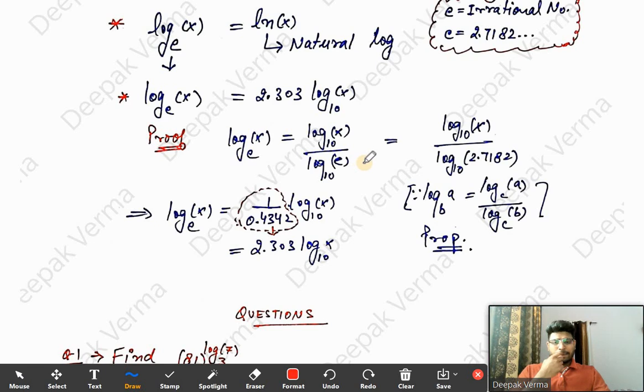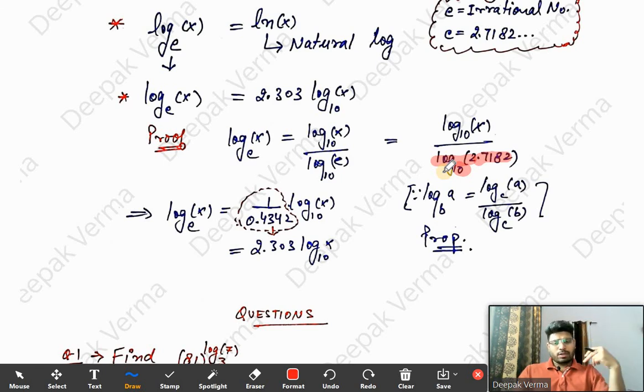Now we know the value of e. The value of e is 2.7182. Now we will find out the value of log 2.7182 using log table. Some students will be asking, how will we come to know the value of log 2.7182? For that you must know how to use the logarithm table.